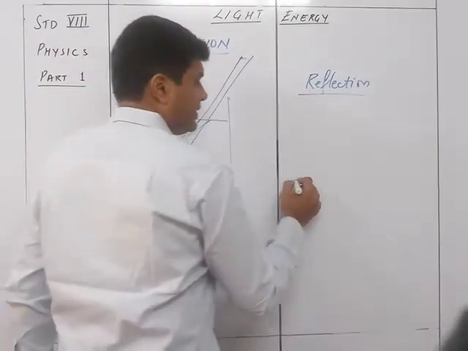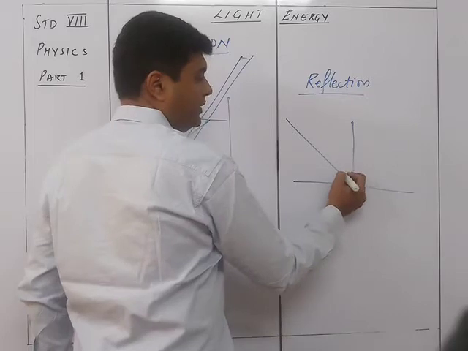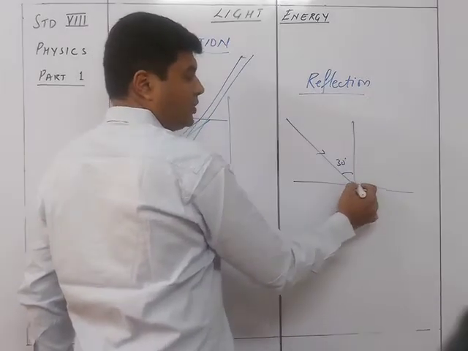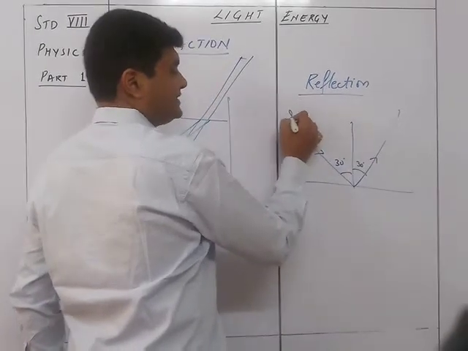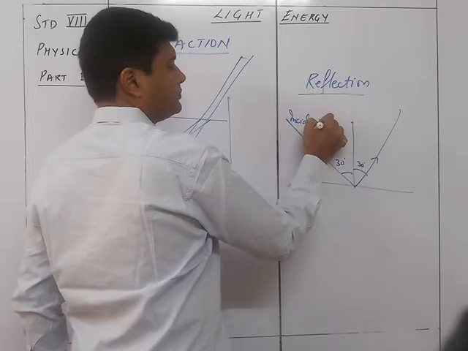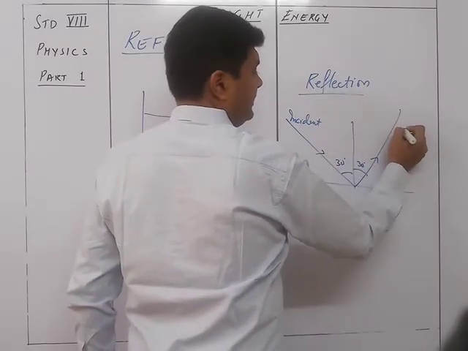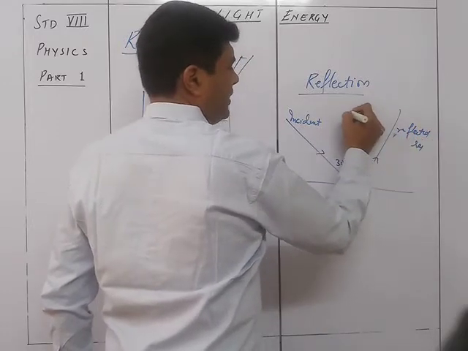So if this is the mirror, and the light ray is falling over here at an angle of, say, 30 degrees, then after reflection it will also go in such a way that here also it will be 30 degrees. Now this is the incident ray and this is the reflected ray, and this is called the normal.